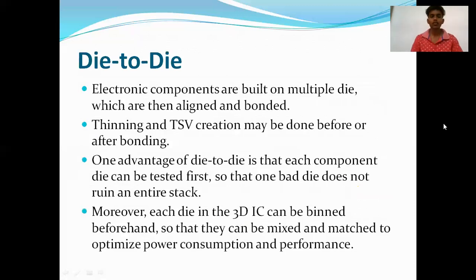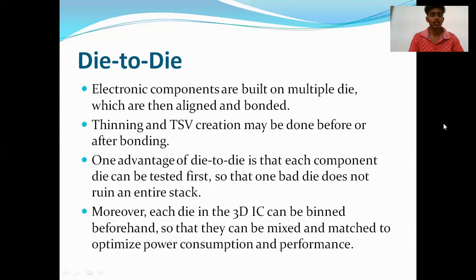Coming to the die to die method, electronic components are built on multiple dies which are then aligned and bonded. The thinning and TSV may be done before or after bonding.